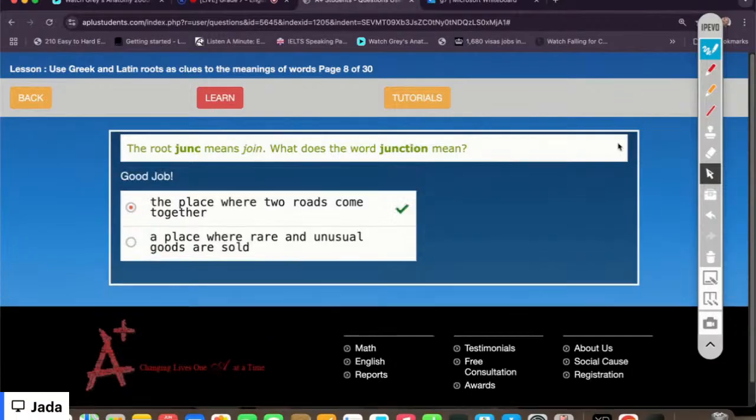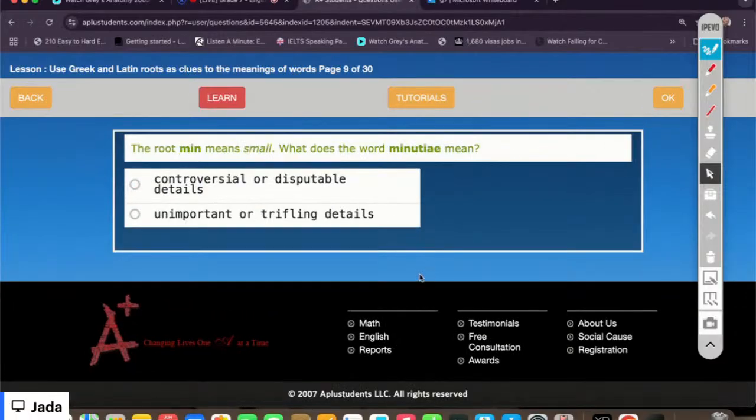Okay, so we have the first one, where two roads come together.